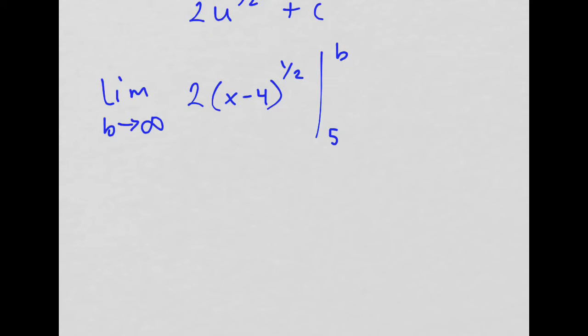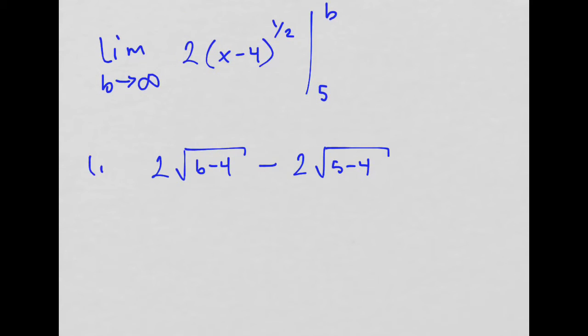And then I'll substitute. So I'll put in 2 times the square root, I'm changing that to a square root, of b minus 4, minus 2 times the square root of 5 minus 4. And I have the limit as b approaches infinity.